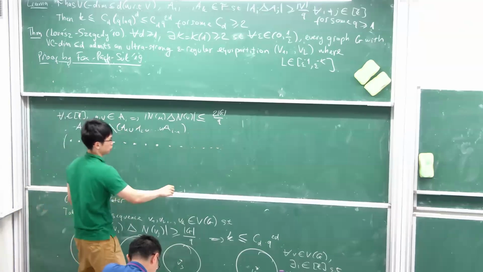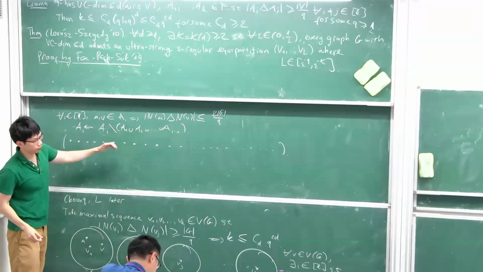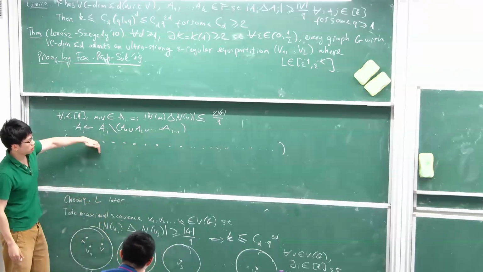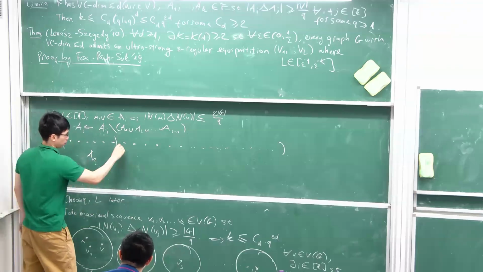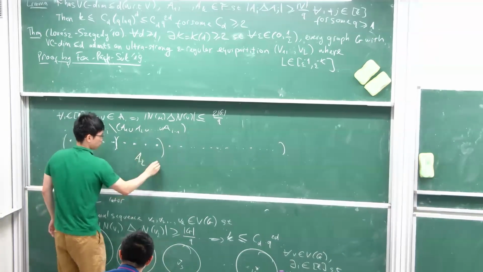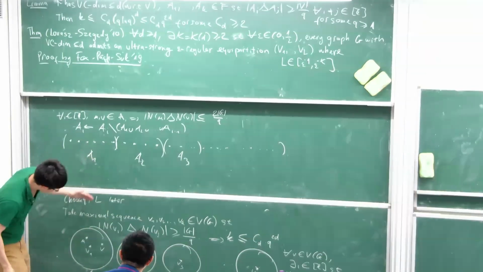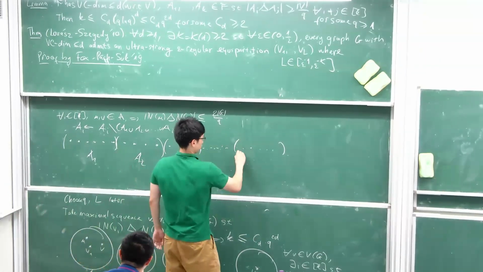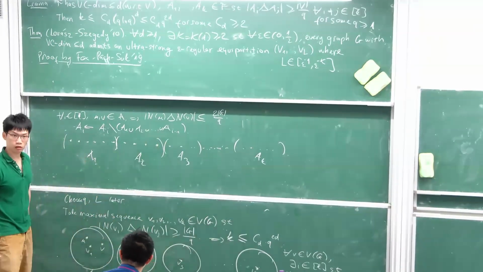So this is the sequence of the vertices of G, such that each A_i is a subinterval. Here we are in A1, then this is A2, and A3, and so on.